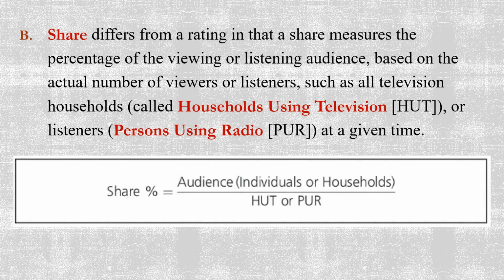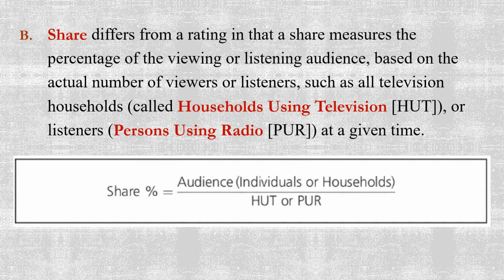So if 50% of the population is watching television during the particular time period that we're talking about, then instead of measuring the share number based on all of the people in Raleigh, we're only measuring against all of the people in Raleigh that were actually watching television. So you see that equation there on your screen.